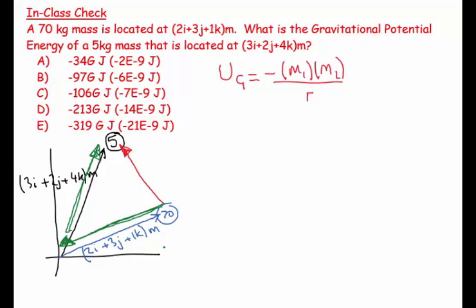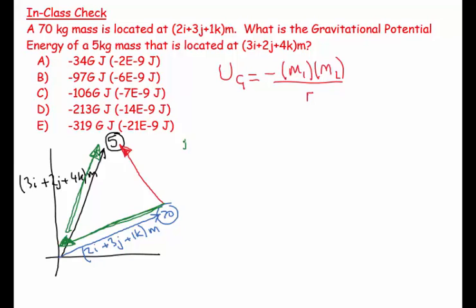Remember what we do with vector diagrams. We say the resultant is equal to other vectors added together, and the way you add them is you put the tail of the second vector on top of the head of the first vector. So that red vector, the displacement of the 5 from the 70 kilogram, is equal to this first green vector added to the second green vector.